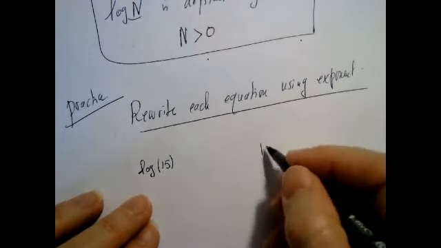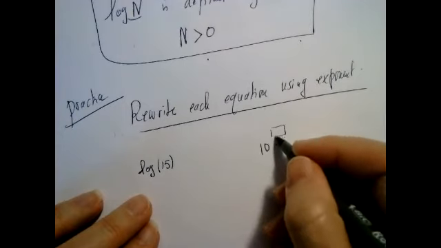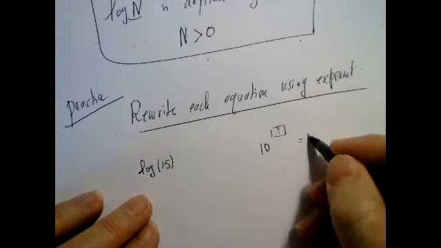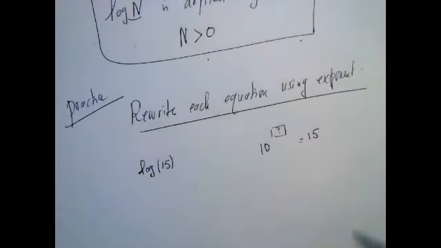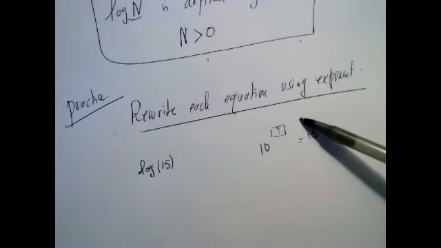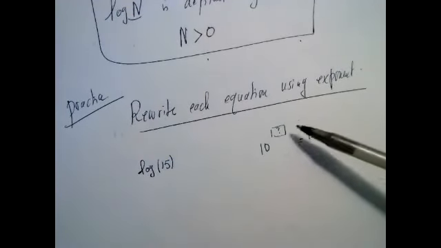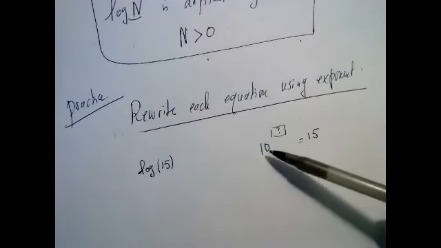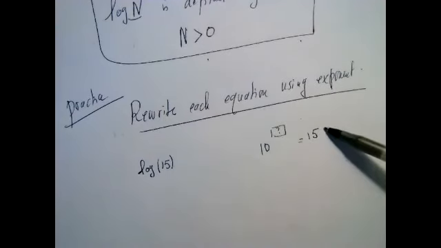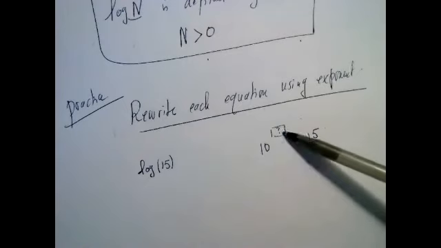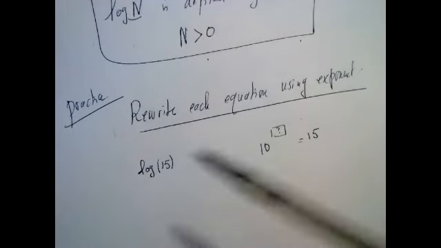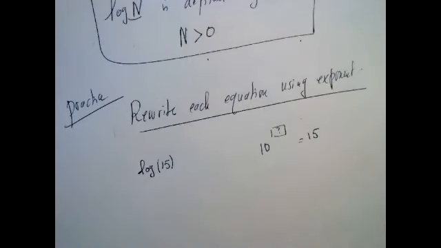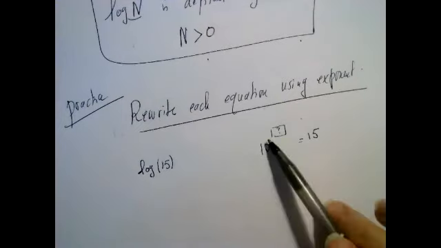It means I'm asking my student, 10 to which power will give you 15? This is a tremendously hard problem because I don't know what the power is. It's not 1 because 10 to the power 1 is 10. It's not 2 because 10 to the power 2 is 100. So it's somewhere between 1 and 2.